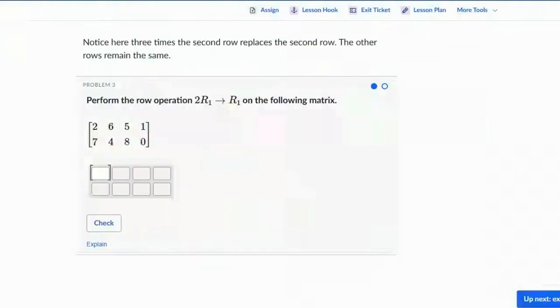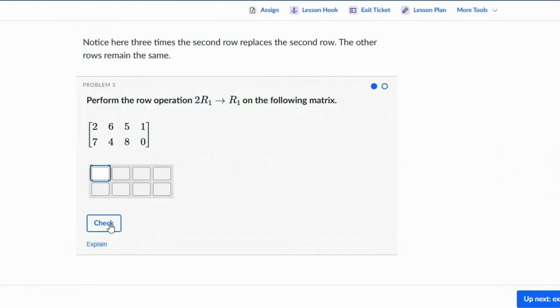So let's try that. 2 times row 1 is the new row 1. So that means, what are we putting in row 1? Put that in the chat. All right. Great. Yes, just simple multiply by 2.